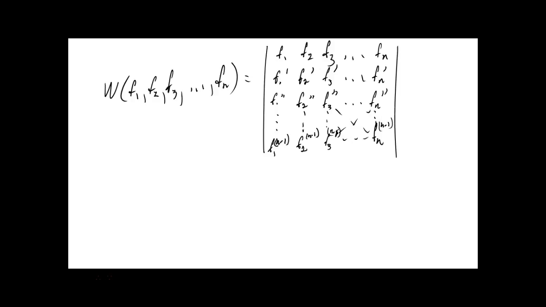This is called the Wronskian of the functions. Now, here is the theorem that goes with that. Criterion for linearly independent solutions. If you have y1, y2, y3, dot, dot, dot, up to y sub n, now they're changing and calling them y's. I don't know why, but why not?